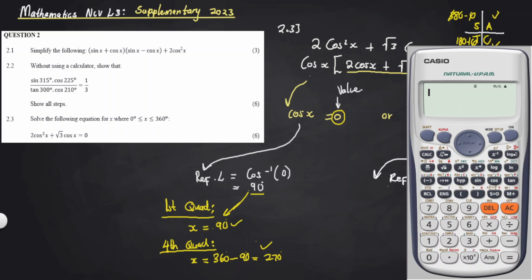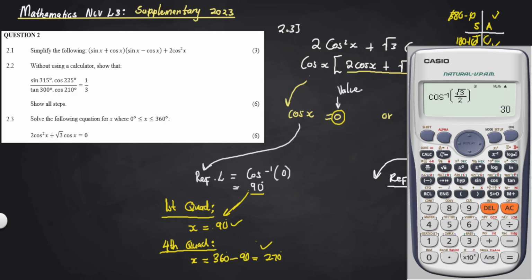You don't take the negative sign. You take it as a positive always. So we have arc cos of square root 3 over 2, close bracket. I have a reference angle of 30 degrees.